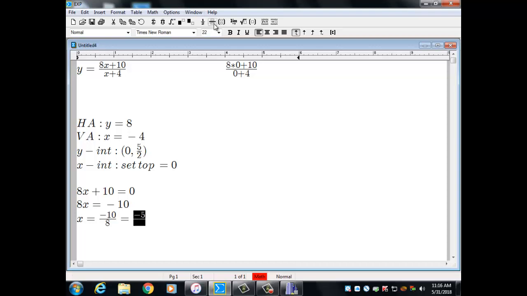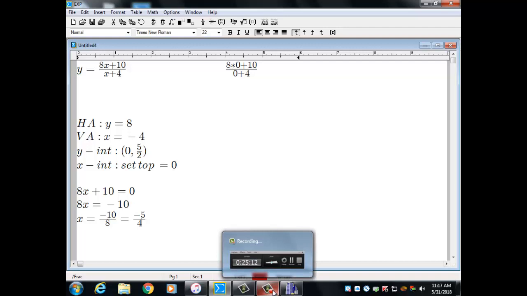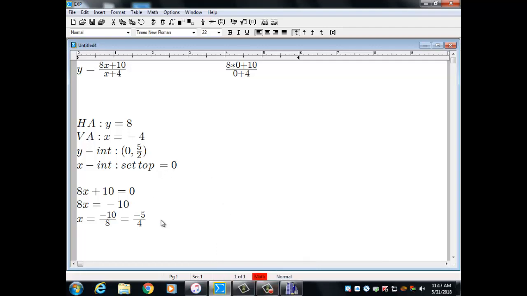Do we agree? So the x-intercept is negative 5/4. Fair enough? You don't have to write the 5/4 and then 0, it's just negative 5/4, like how you did for the y-intercept. That's the way you write it. Or you could write it as negative 5/4, 0.